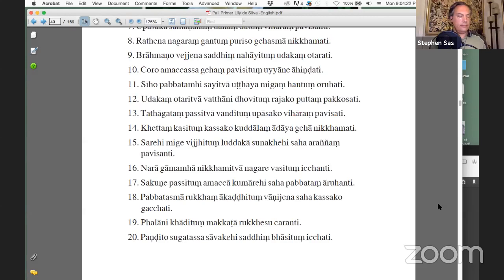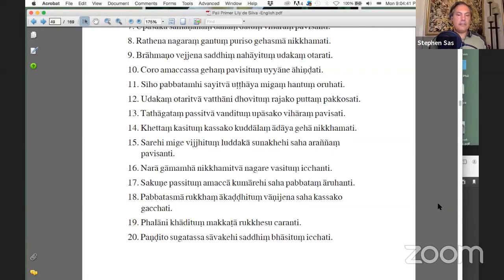Nara, that's the nominative plural form of nara. So gamam ha is an ablative case. And what is nikamitva? That's the gerund. Well, absolutive. It's the absolutive.